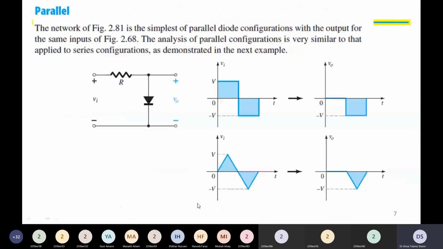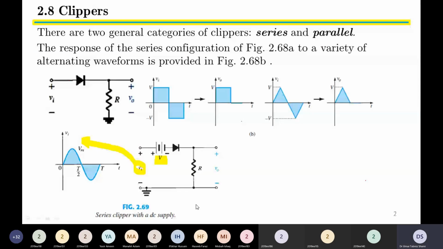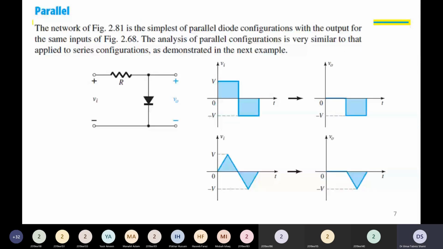Now, as we had discussed, there are two types of clippers. We have done the series clipper. Now we are coming towards the parallel type of clippers. In the parallel type of clippers, we have interchanged the location of the resistance and the diode.